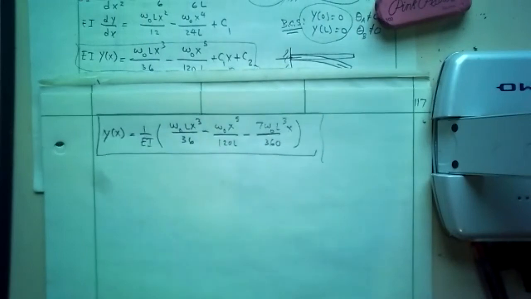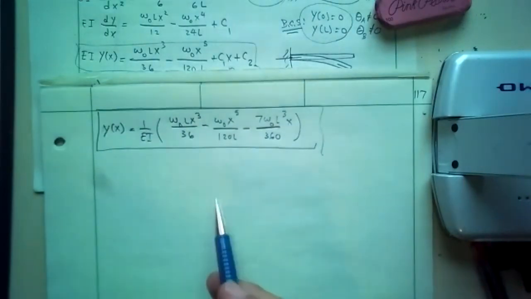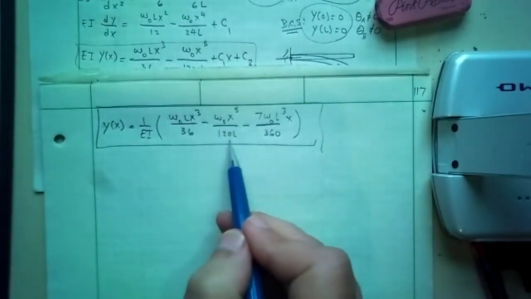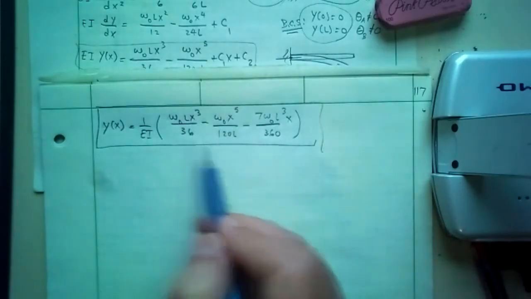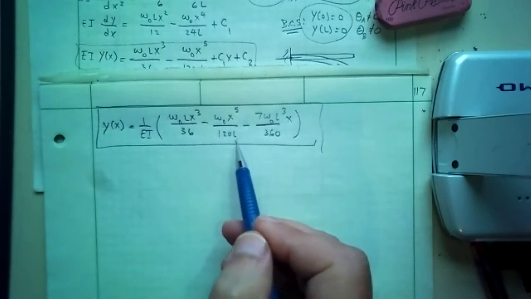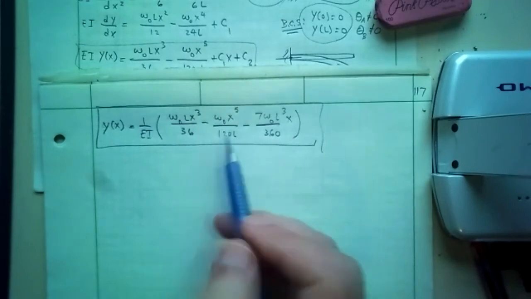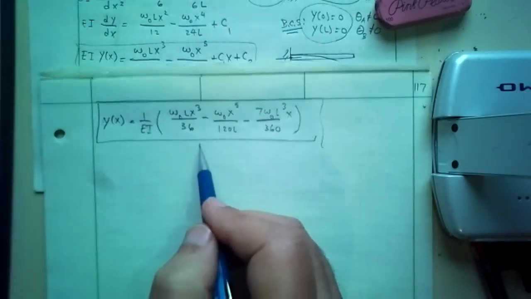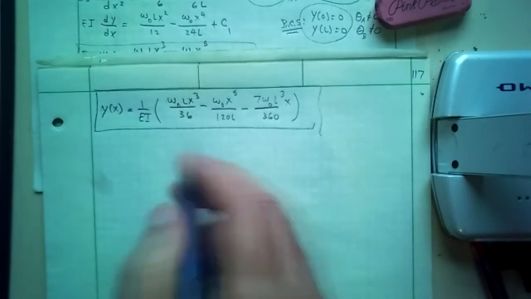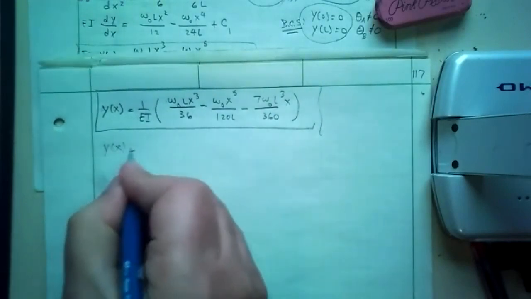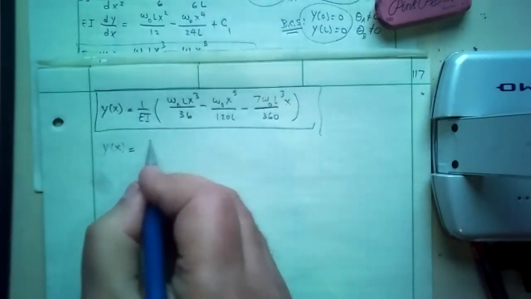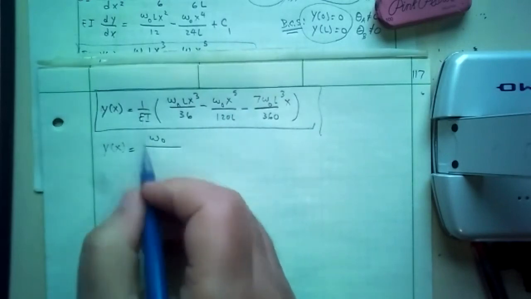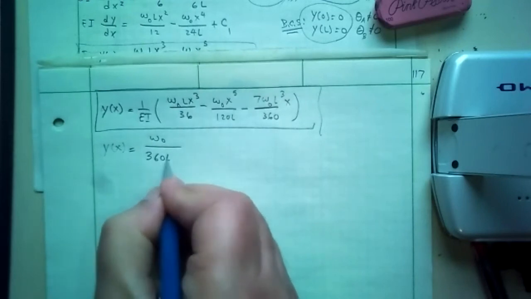I can obviously factor out some things. I can factor out a whole bunch of stuff, but I'm just going to leave it at this. In my notes, it's reduced even further. I guess I'll just write down what I have in my notes. I factored out W naught over 360 EIL.